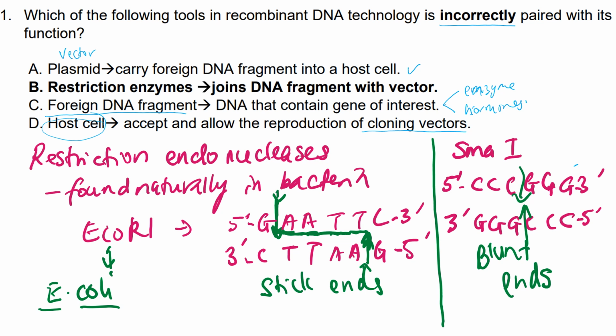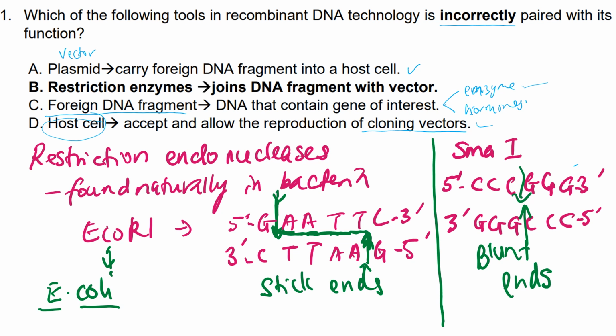Usually the host cells are bacterial cells. Bacterial cells are capable of dividing into many copies, forming clones. As the bacterial cell divides, it produces clones of the gene of interest, and it is also capable of producing the product, which is the protein. So statement D is correct.